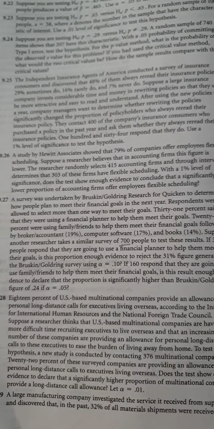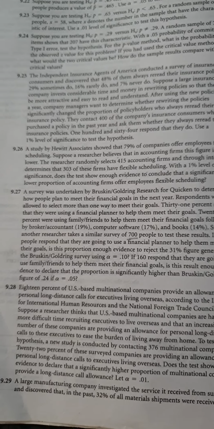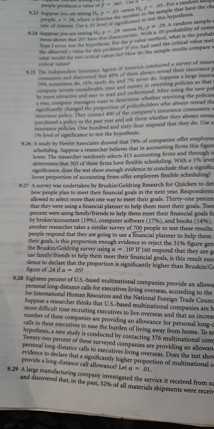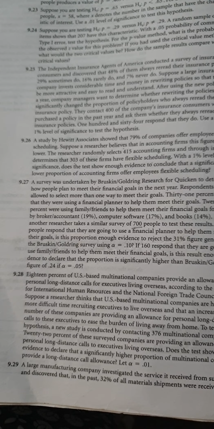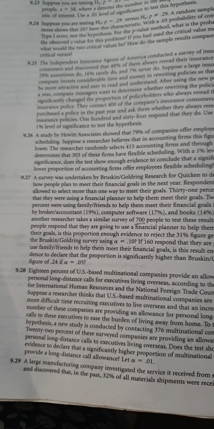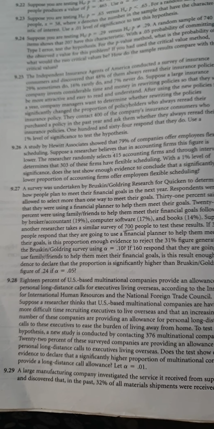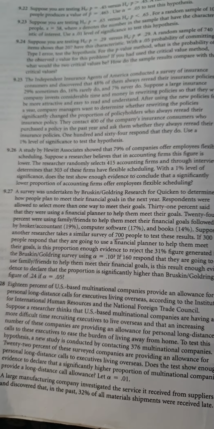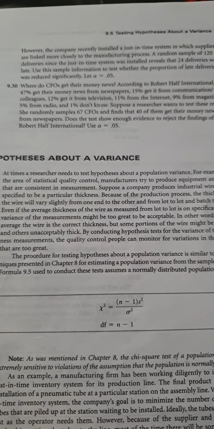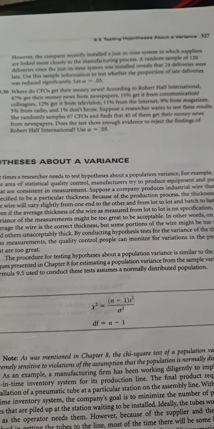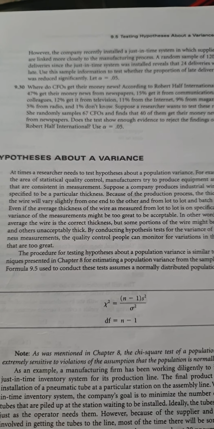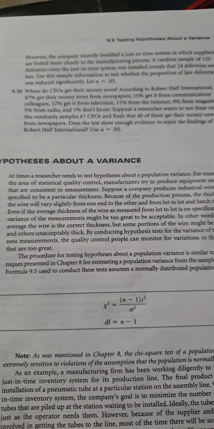Now sum number 9.29. A large manufacturing company is investigating the service it received from suppliers and discovered that in the past 32% of the material shipments were received late. That is your hypothesis. However, the company recently installed a just-in-time system in which suppliers are linked more closely to the manufacturing process.